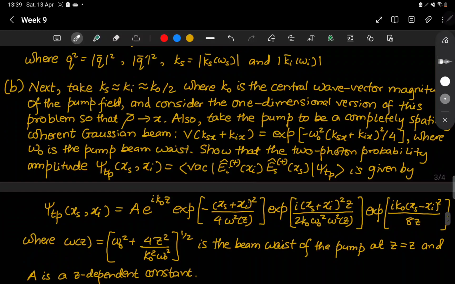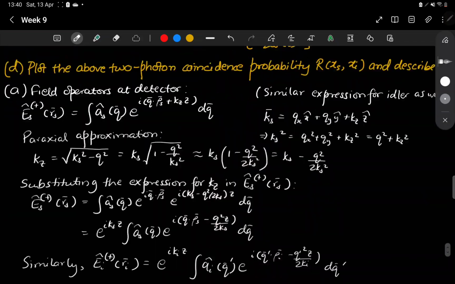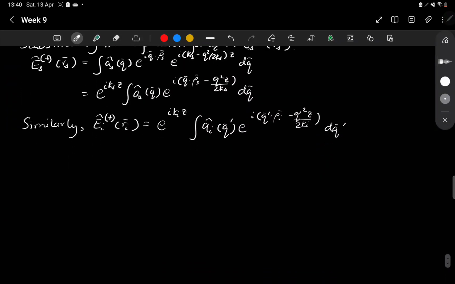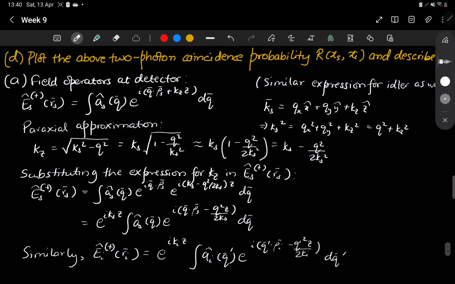Part B is we have to find out the two-photon probability amplitude for the 1D version. So just revise this once again, because now it is going to get a little bit involved, as we will be making use of these expressions. So just make sure you understand this expression.